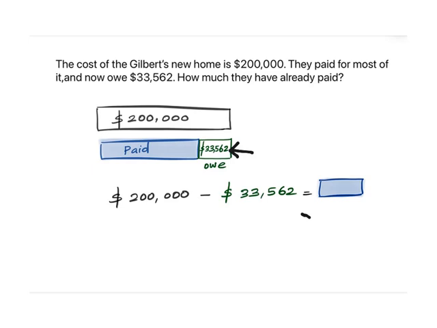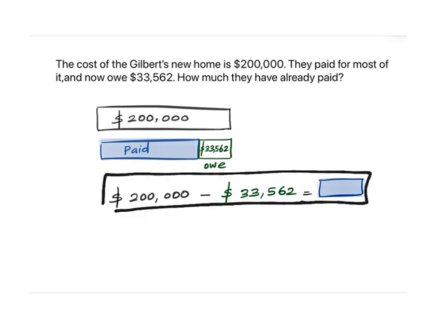So if we know the total and also one part of the total, we can subtract the part from the total to find the other part. Okay, so that is what we are going to do. Now the subtraction equation is $200,000 minus $33,562 equals what?